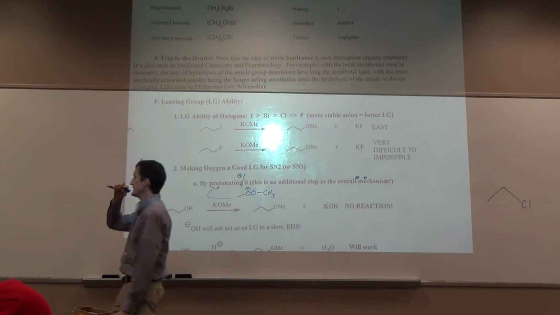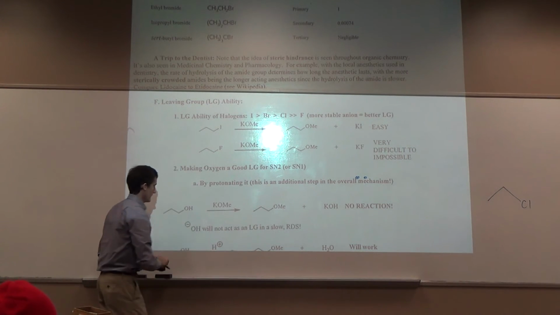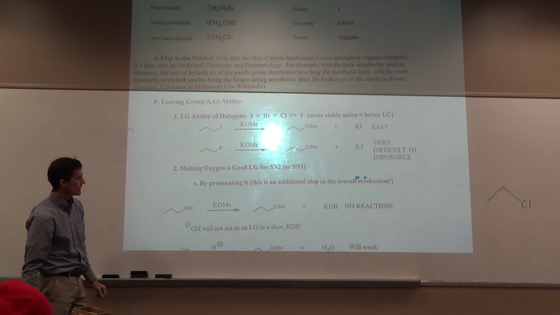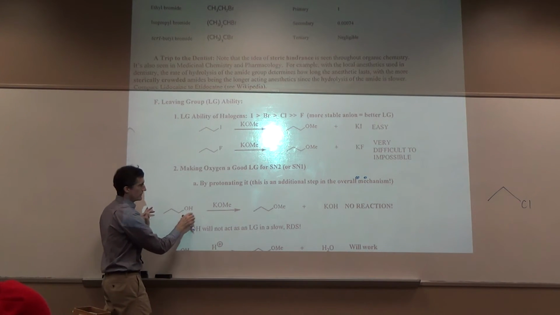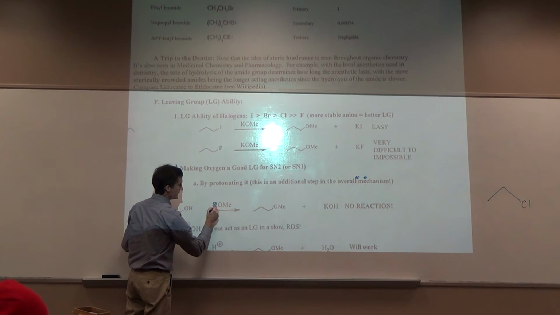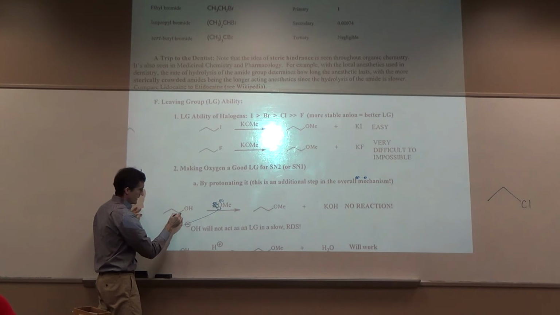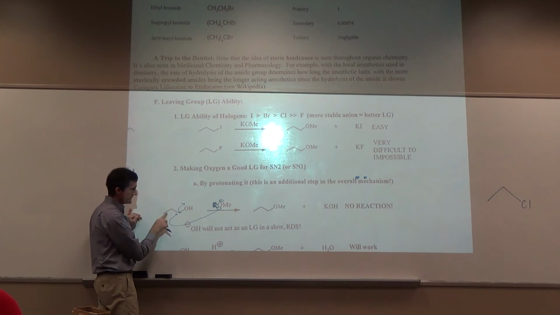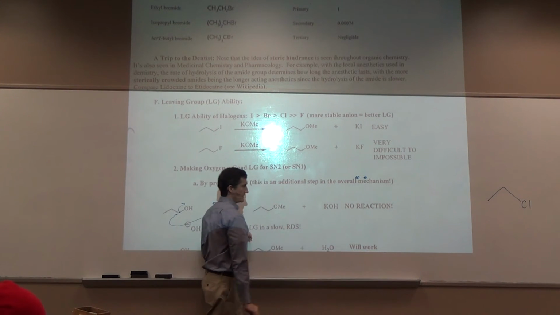What about oxygen? Can it be a leaving group? Well, look at this. If you take this alcohol, let's make this an OH, react it with the same nucleophile, let's get rid of that, right? Can we come in here and kick that off? If we did, it would give this product, that here, hydroxide got kicked off.